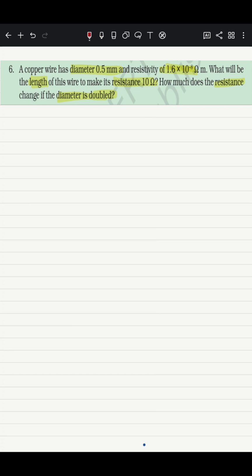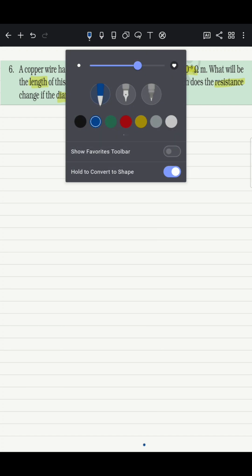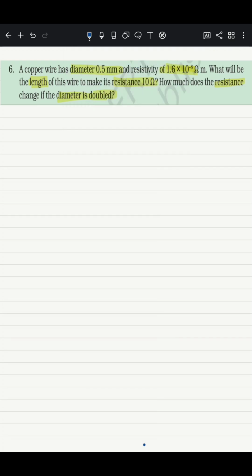So let us write down what is given first. That will be very helpful. So first they have given us diameter. I'll be representing diameter as small d, which is equal to 0.5 into 10 power minus 3 meter. I said millimeter is nothing but 10 power minus 3. Then they have given resistivity.